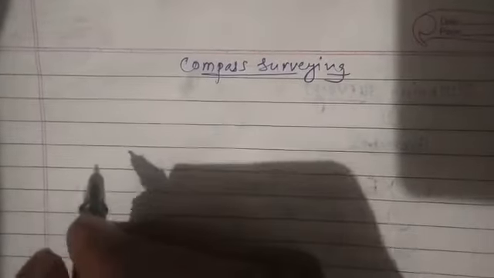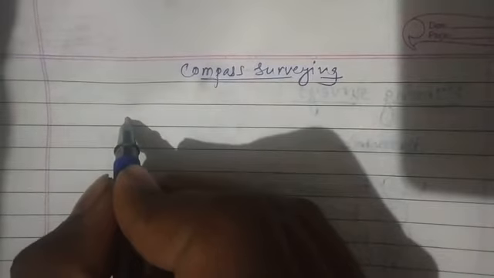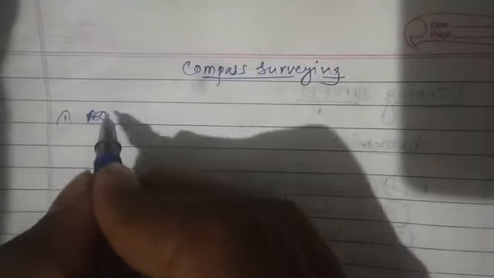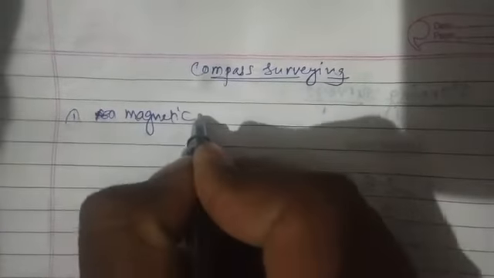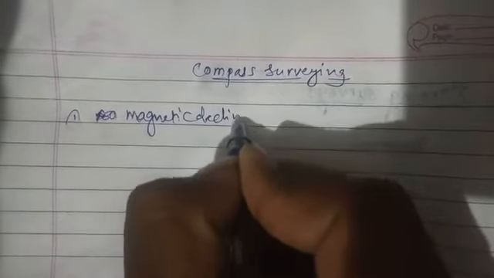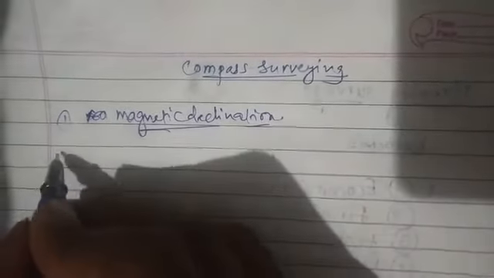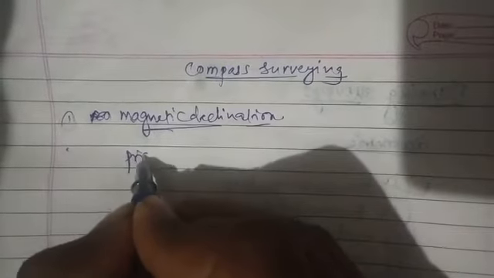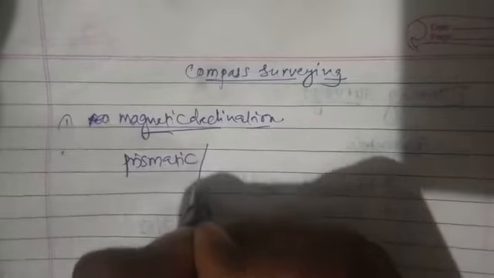Welcome friends. In this video on compass surveying, we'll see the definition of magnetic declination, then we'll see what are the prismatic compass and surveyor's compass.